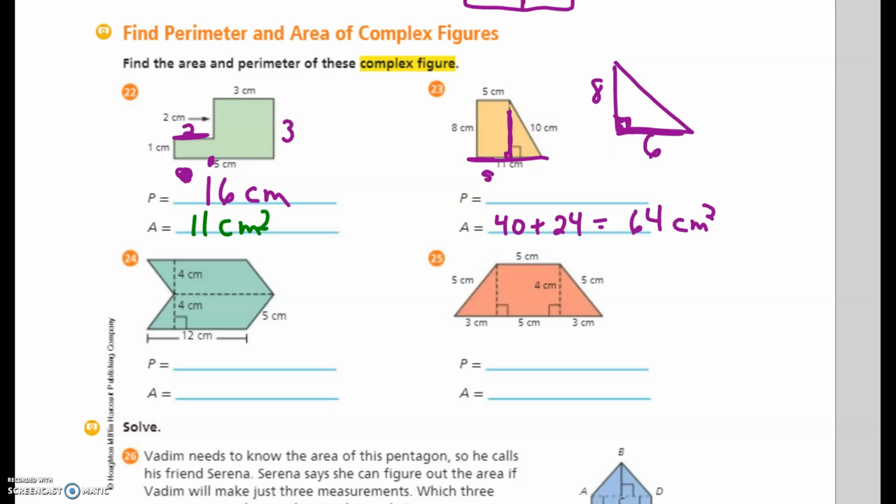Now then, erasing all our work from before. Let's see if they gave us what we need for the perimeter. We've got 5 here, 8 here, 11 here, 10 here. Yes, they gave us all the sides, so all we have to do is add up those numbers. So I'm going to give you a moment. You can add them up in any order you want.